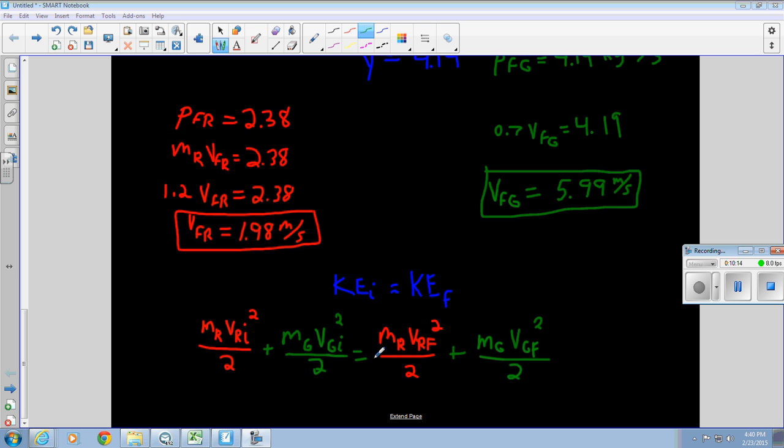And that has to equal mass of the red ball times velocity of the red ball final squared over 2 plus mass of the green ball, velocity of the green ball final squared over 2. So the kinetic energies initial have to be equal to the kinetic energies final. And we have all of these variables, so we can plug them in and solve.